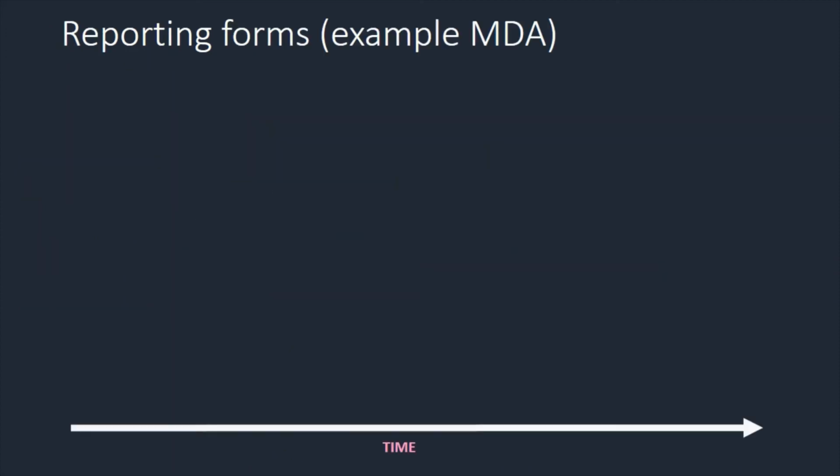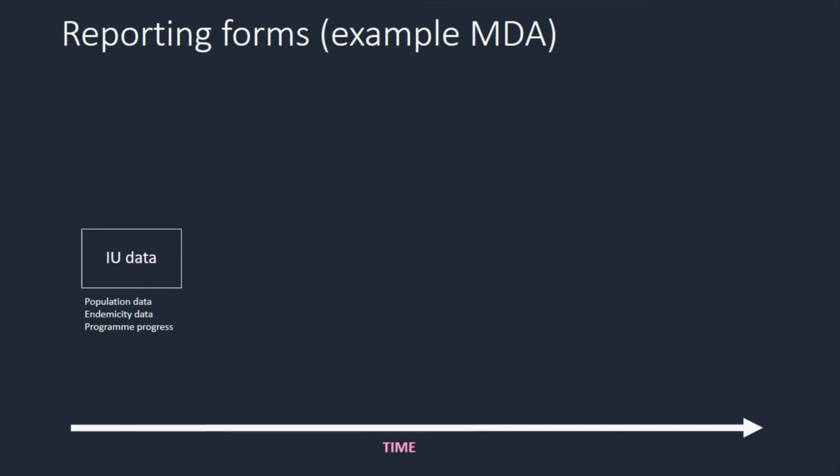So let's take an example of different forms you will find in the DHIS2 and how they will report it. Here on the bottom side, you see time from the start of an intervention to the end of the intervention. So it all starts with the IU level data. What is the current status of endemicity of a single disease, for example, lymphatic filariasis, for each IU? What's the population living in that IU?